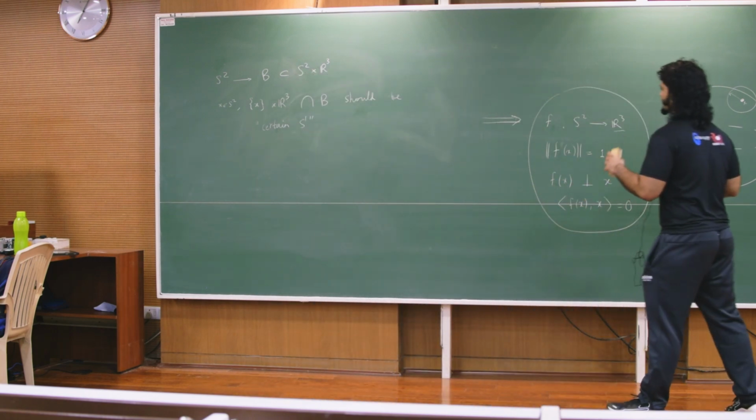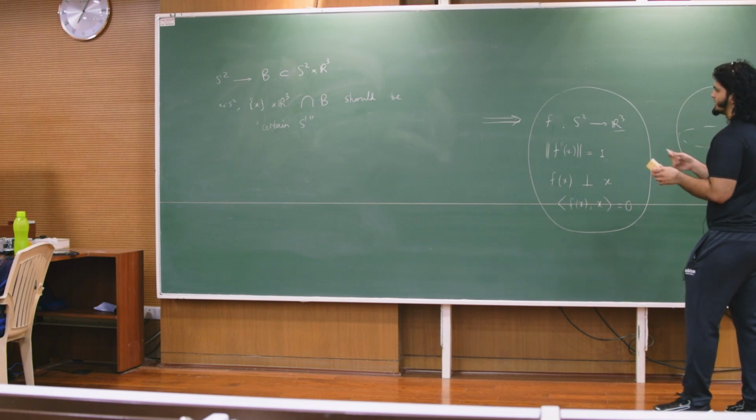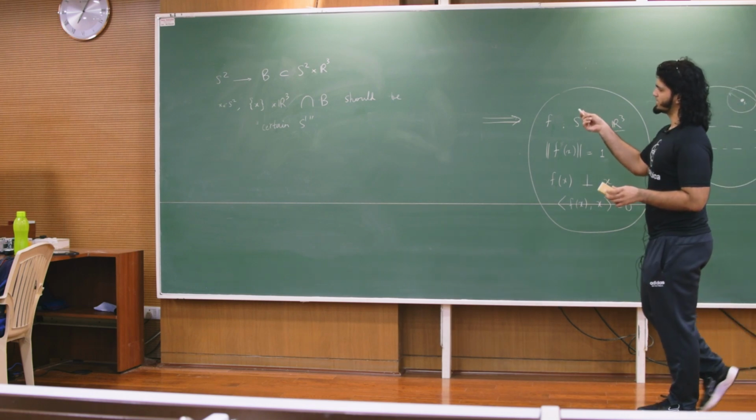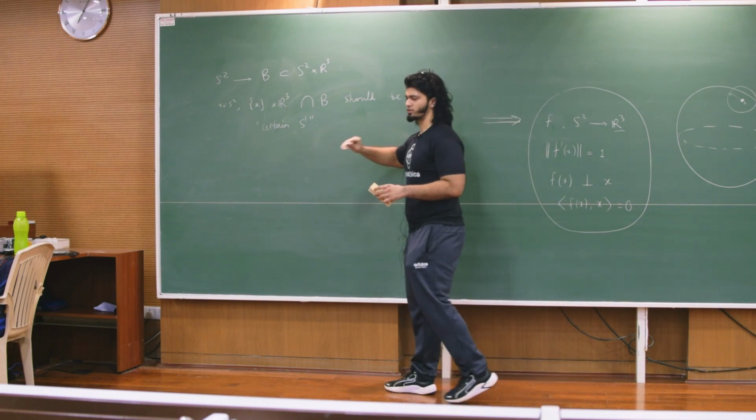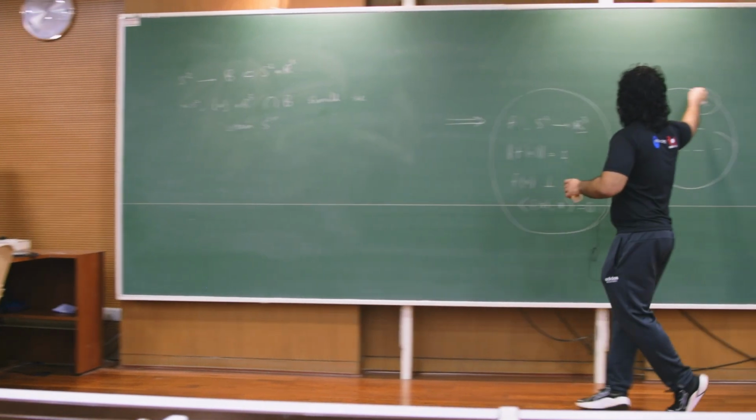So for each point x, the intersection of B with the R3 corresponding to that x will be this circle.